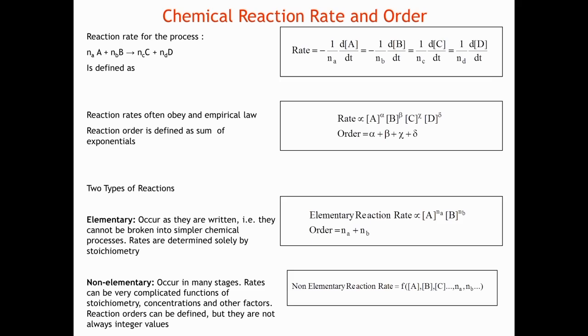So you could measure A and it decreases really quickly. And you could measure B and it decreases really quickly. But you could measure EF and it's produced really, really slowly. Because this reaction is really, really slow. So that's the complexity of a non-elementary reaction. So we need to be careful that we can't break reactions down into simpler elementary forms when we're considering reaction rates.